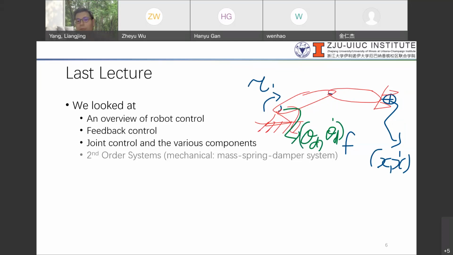So we want to do something like that, and we look at this as just one single joint. So this is just independent joint control.